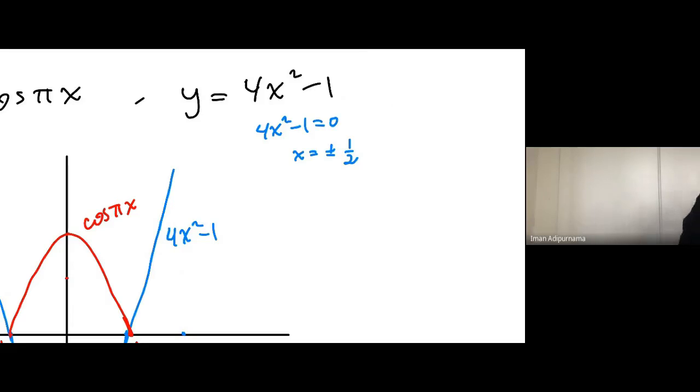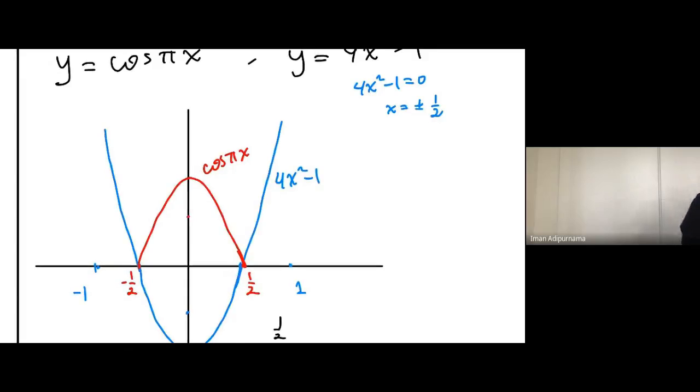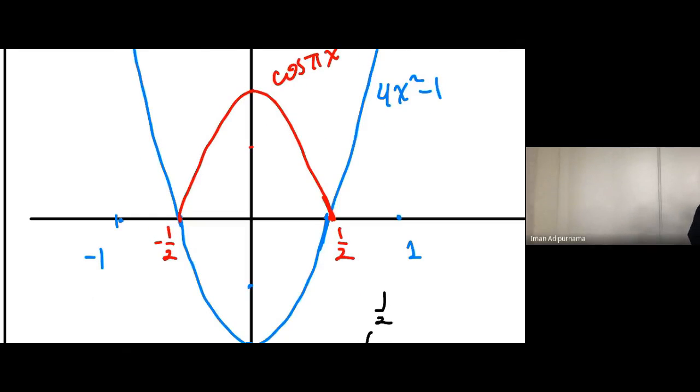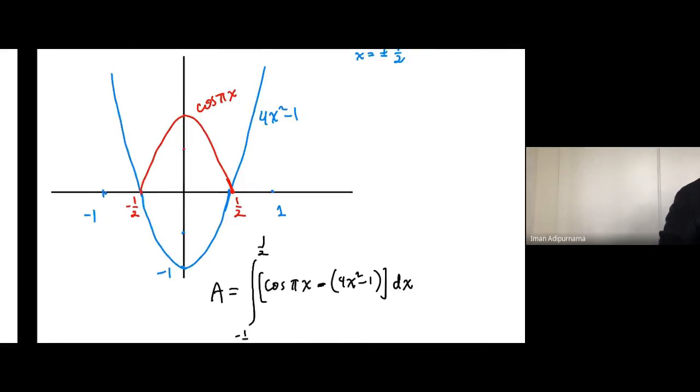The other point in area between curves is finding the intersection, the points where the curves intersect each other, and that will usually be your limits of integration. It depends on your perspective, because you can integrate with dx or dy. It depends on which one you prefer, or which one is easier to integrate.